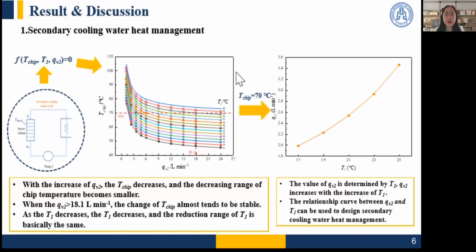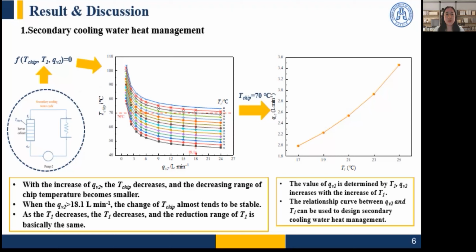Firstly, we analyze the secondary cooling water heat management through transient simulation and thermodynamic calculation. It was observed that the chip temperature, T-chip, is related to the server inlet temperature T1 and the water flow of the secondary cooling water, QV2.